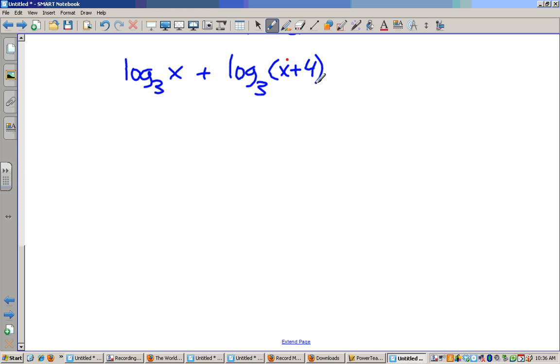Make it x plus 6. I think that will work. Yeah, that should work. Okay. I'm making this up a little bit.